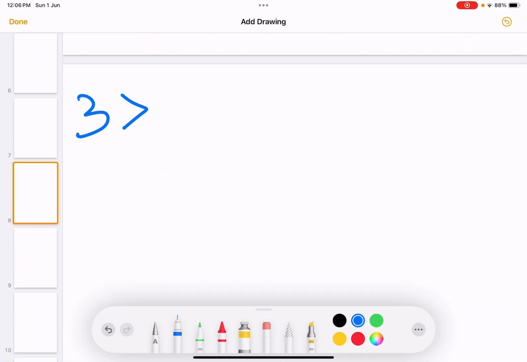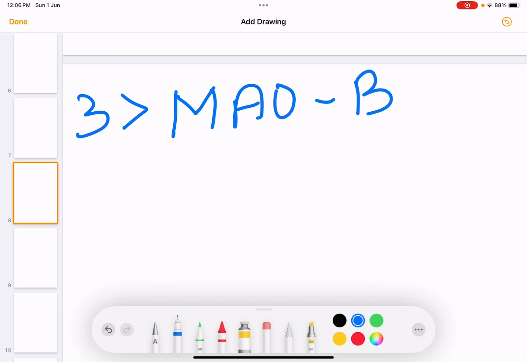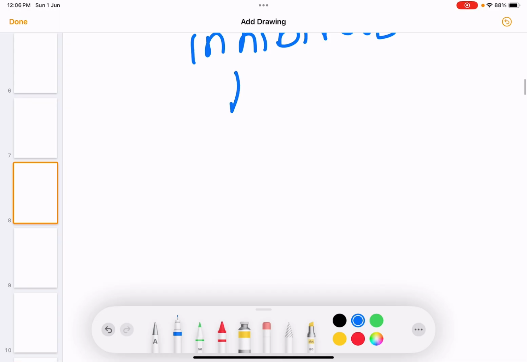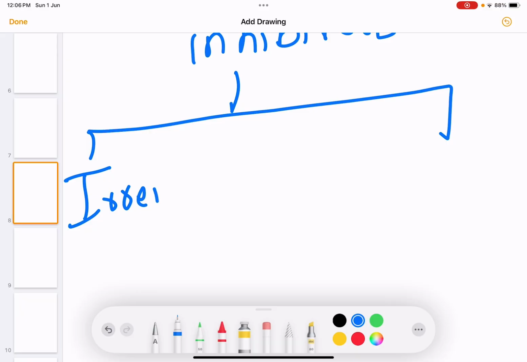Then the third and fourth category of drugs are those which inhibit the degradation of dopamine. Dopamine is degraded by two enzymes, MAO, which is monoamine oxidase, and COMT, catechol O methyl transferase. So we have MAO-B inhibitors. MAO-B enzyme is specifically present in brain. In that we have reversible and irreversible inhibitors.